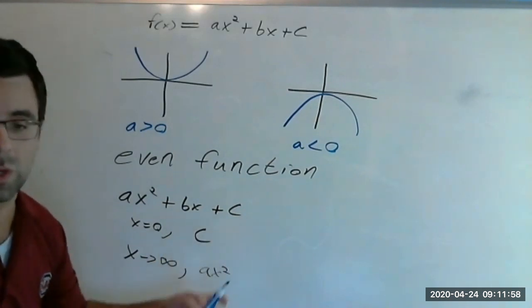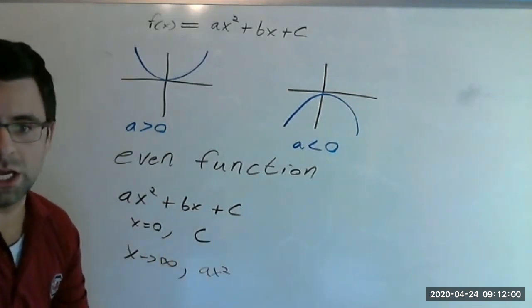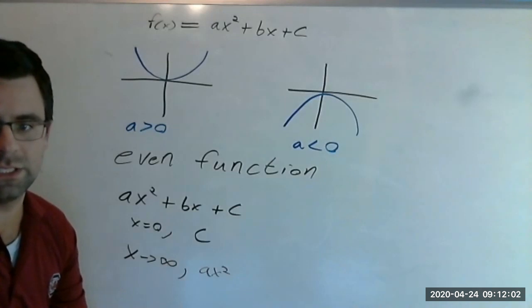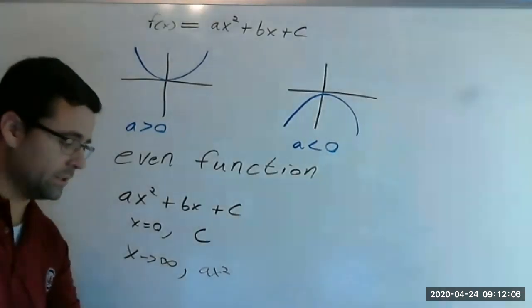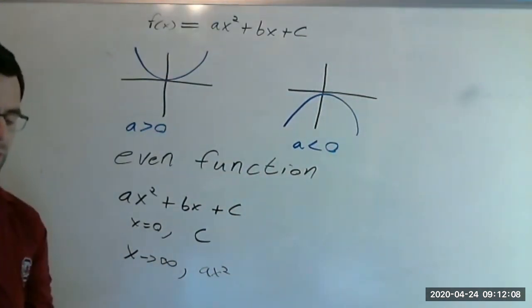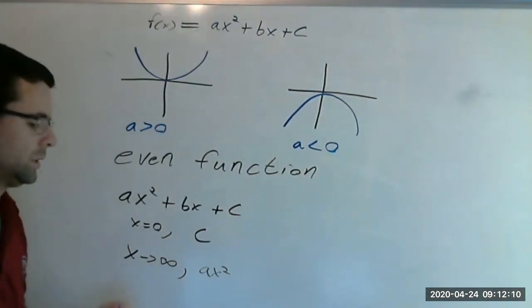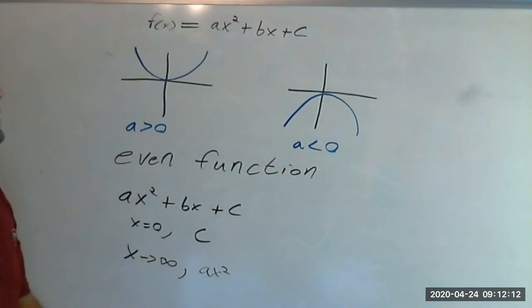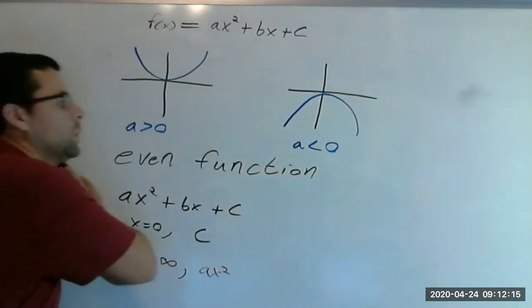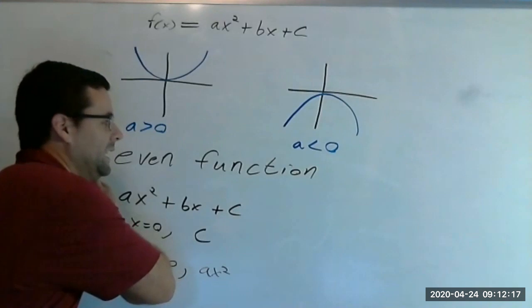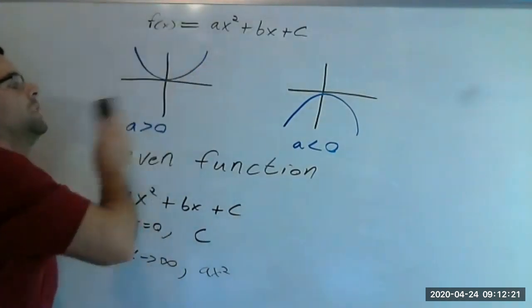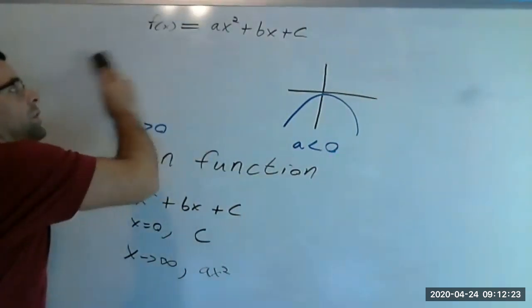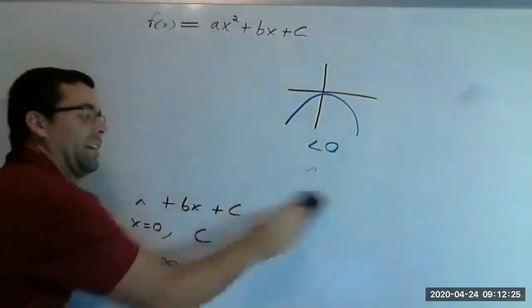Now we're going to look at some transformations, just as a reminder of how we do transformations. We use a slightly different version of this quadratic equation when we're talking about the graph.